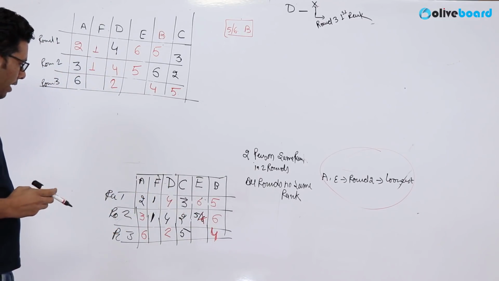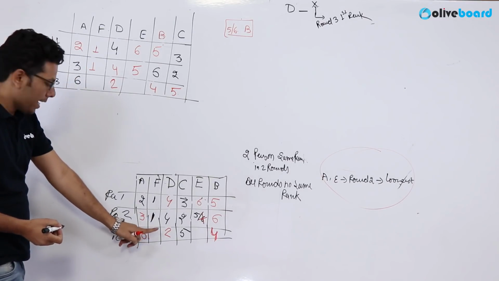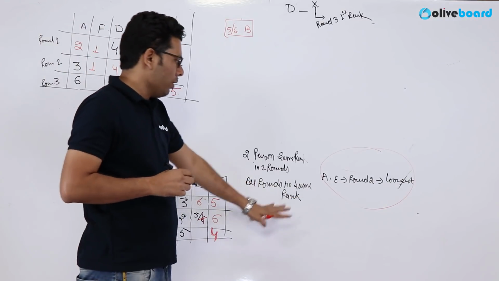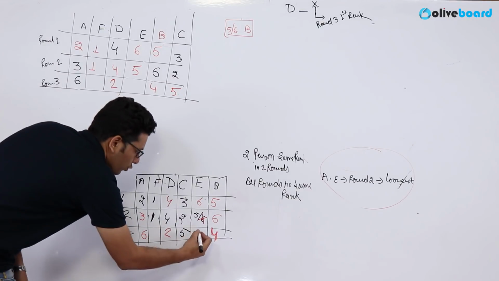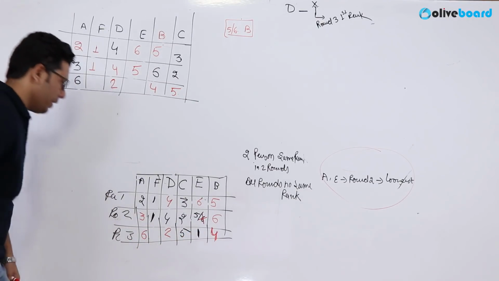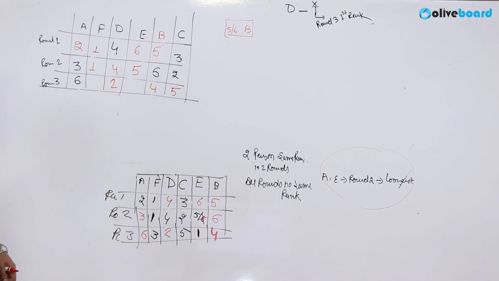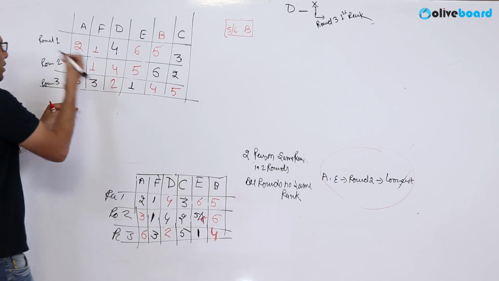And there will be no rank 1 in this. I cannot put rank 1 here because no person got the same rank in all the rounds. All rounds, no same rank. So I cannot put 1 here. So I need to put 1 here, and the remaining rank is 3. So my rank 1 should be here and this should be 3rd.